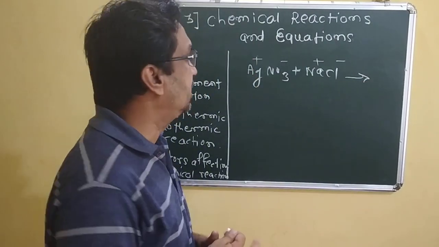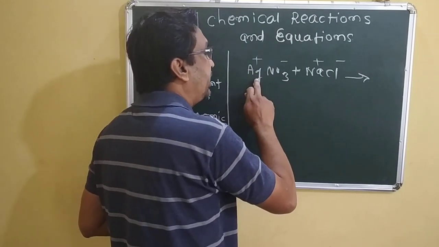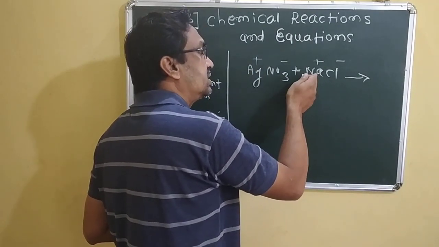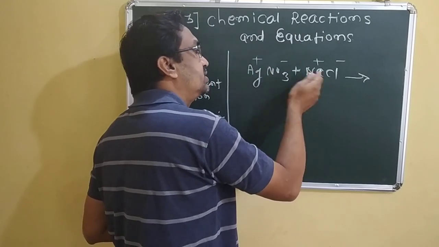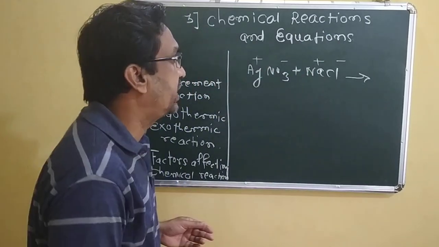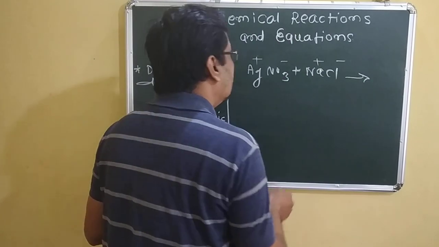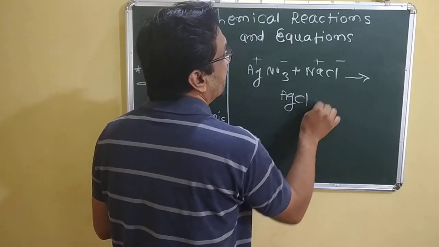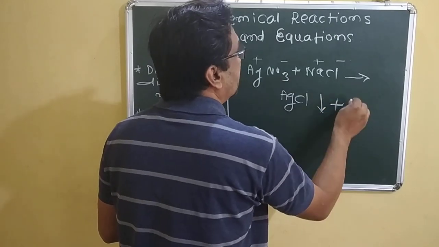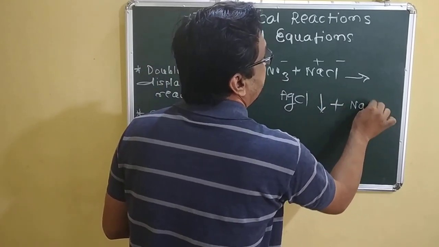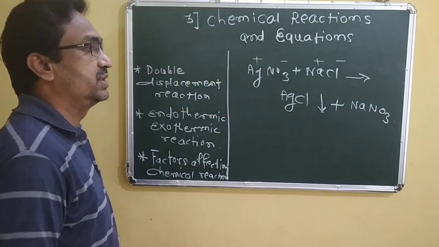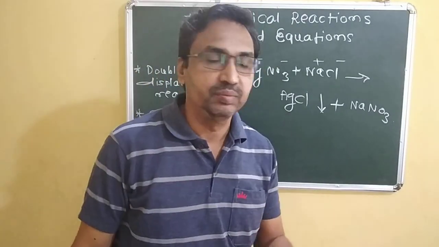What happens in this reaction? The silver takes the place of the sodium, and the sodium moves towards the nitrate. In this way the chemical reaction goes, and AgCl and sodium nitrate are formed.